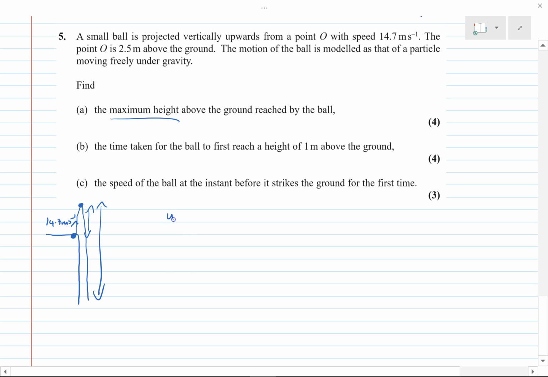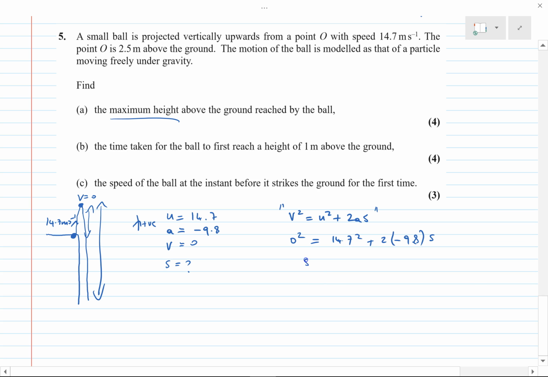So we've got the initial velocity upwards, we're taking upwards as positive, is 14.7. Acceleration, because we're taking upwards as positive, is minus g, minus 9.8. When it reaches the top, v equals 0, and we want to find s. So we're going to use v squared equals u squared plus 2as. So that gives us 0 squared is equal to 14.7 squared plus 2 times minus 9.8 times s.